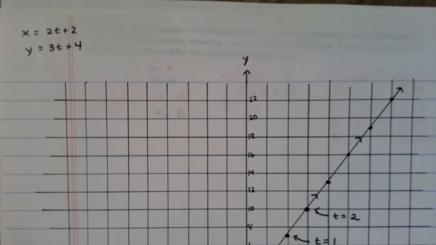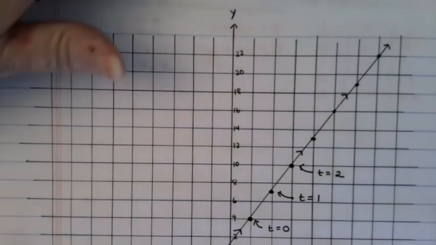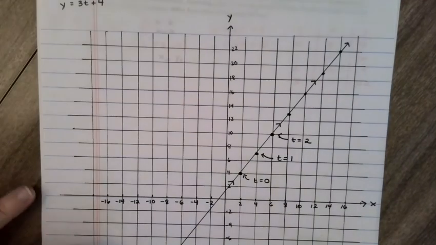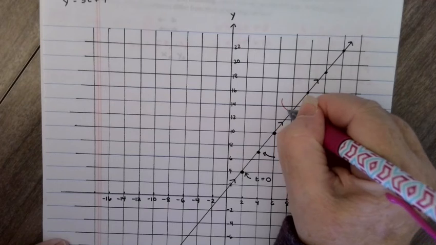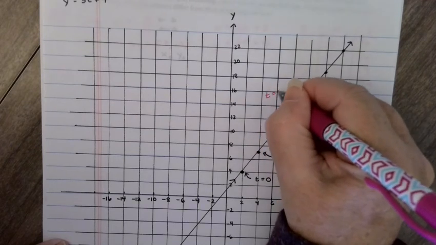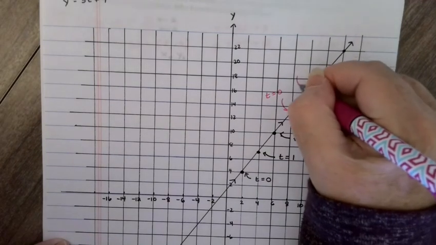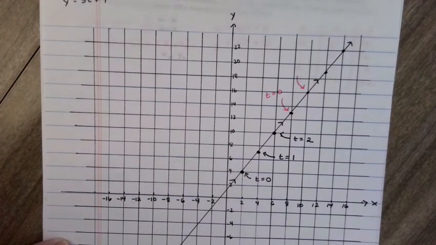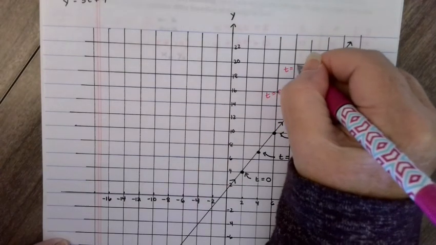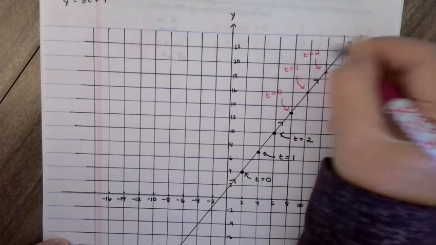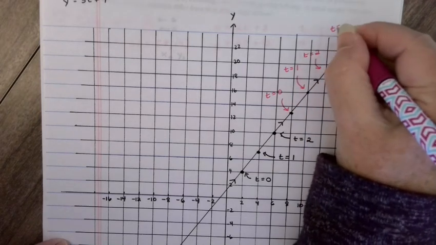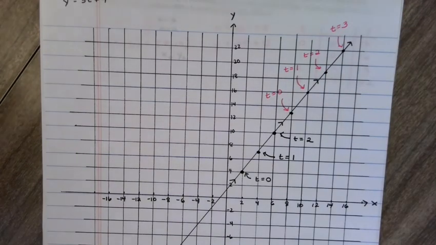So what I end up getting is exactly the same line, but this time the point 8, 13 is my t equals 0, and the point 10, 16 is my t equal 1. And there's t equal 2, and t equal 3, and so on.